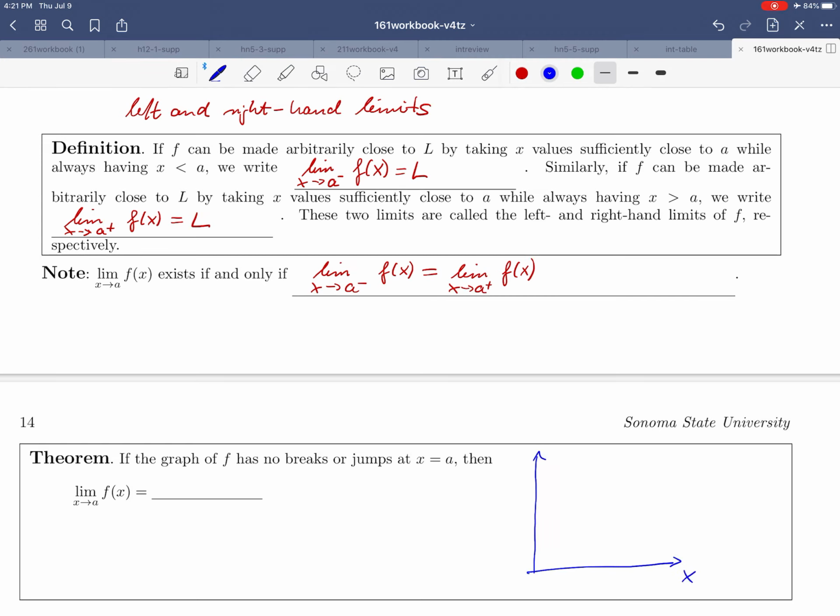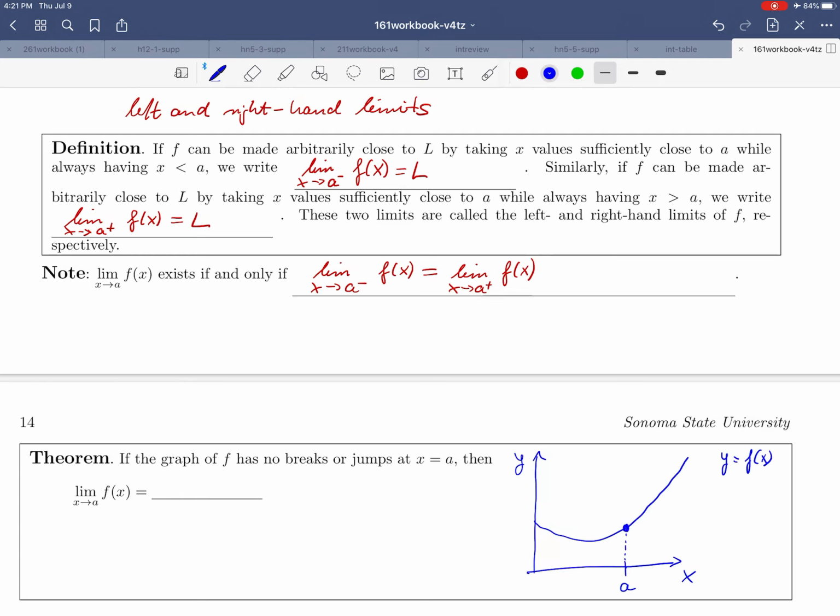We have our x-axis right here, we have our y-axis right here, and let's say we just have some function f of x. So here we have y equals f of x, a function, and somewhere we have a value of a. And no breaks or jumps. That's the type of graph I drew.